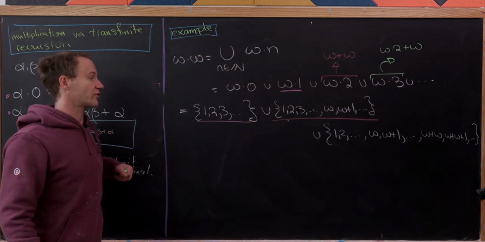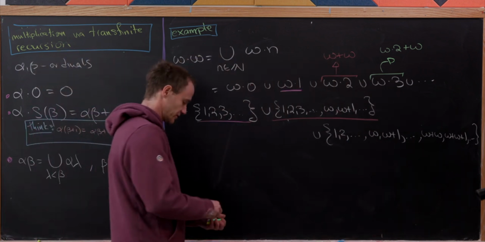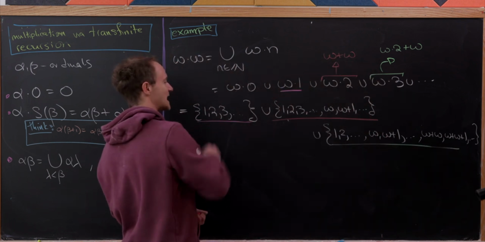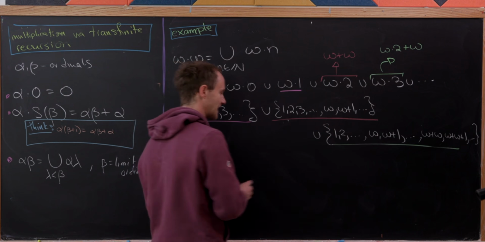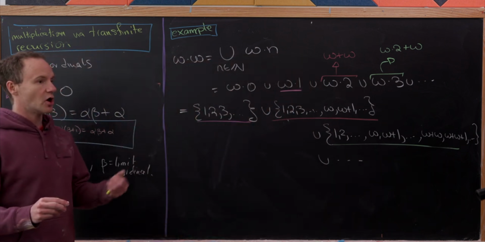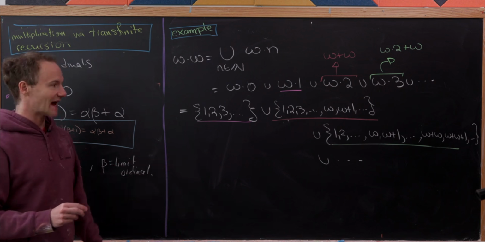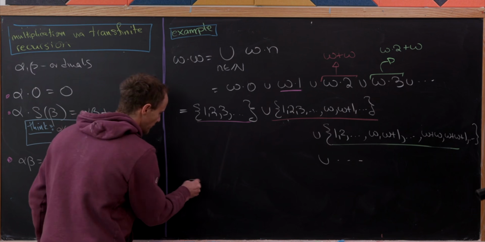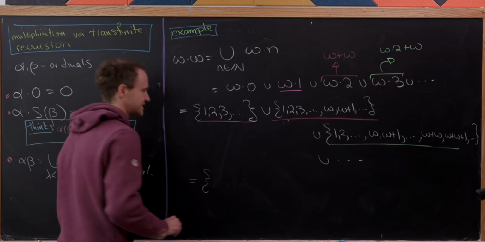So those are our 3 copies of natural numbers. But now this limit, or this union, is infinite. So in fact, if you total all of this up, what we'll have is omega copies of natural numbers, maybe one after each other. So perhaps we could write it like this.